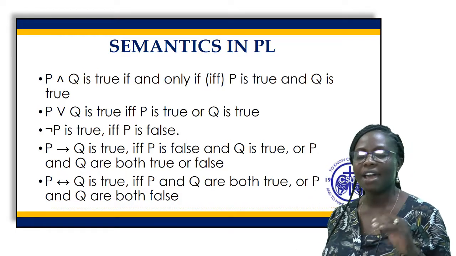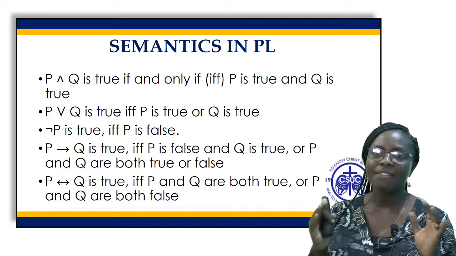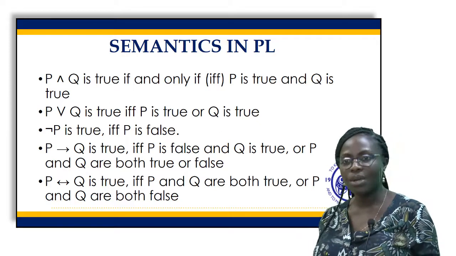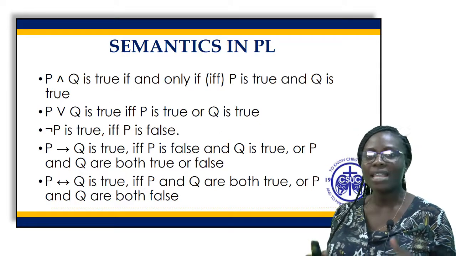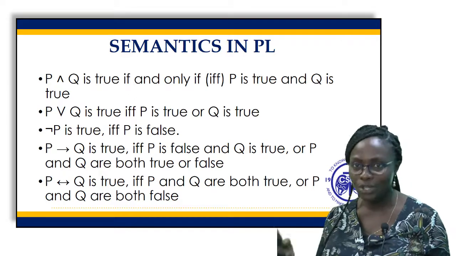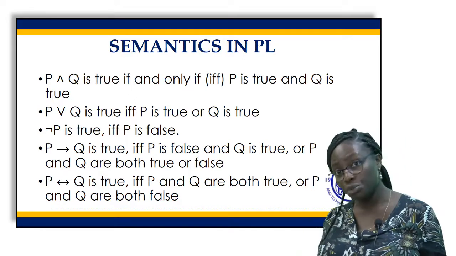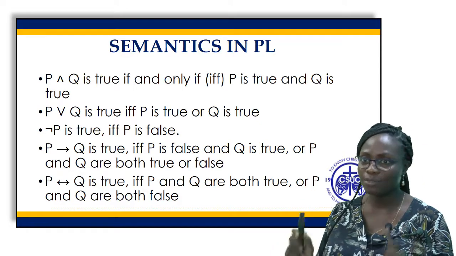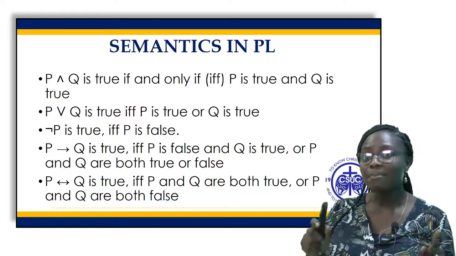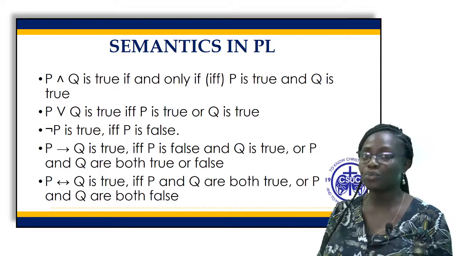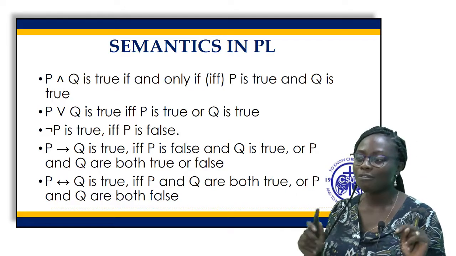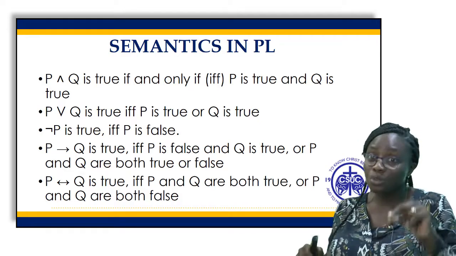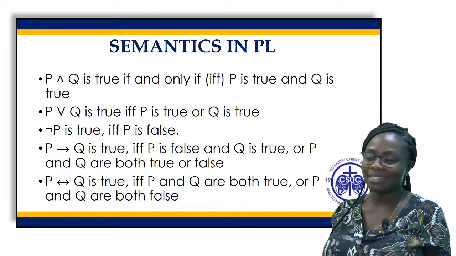Meaning that if I have a sentence P that is true, and I have a Q that is also true, then P bi-implication Q, true bi-implication true, will be true. Again, if P is false and Q is false, then false bi-implication false is true. Please do not confuse the word true with the truth value of a sentence.